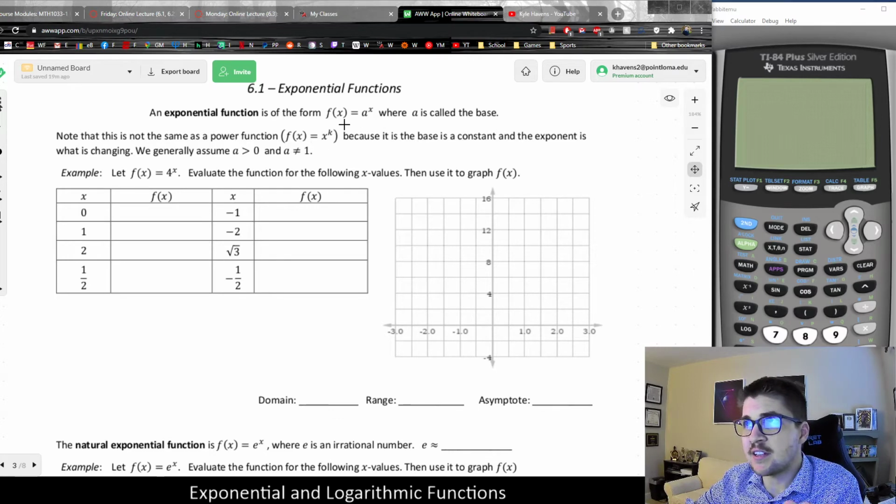It's easy to interchange these because they're both exponential expressions, but the difference is that x is in the exponent as opposed to being in the base. In polynomials, x is in the bottom, and the power is constant. In an exponential function, the exponent is what is changing, and the base is a constant.